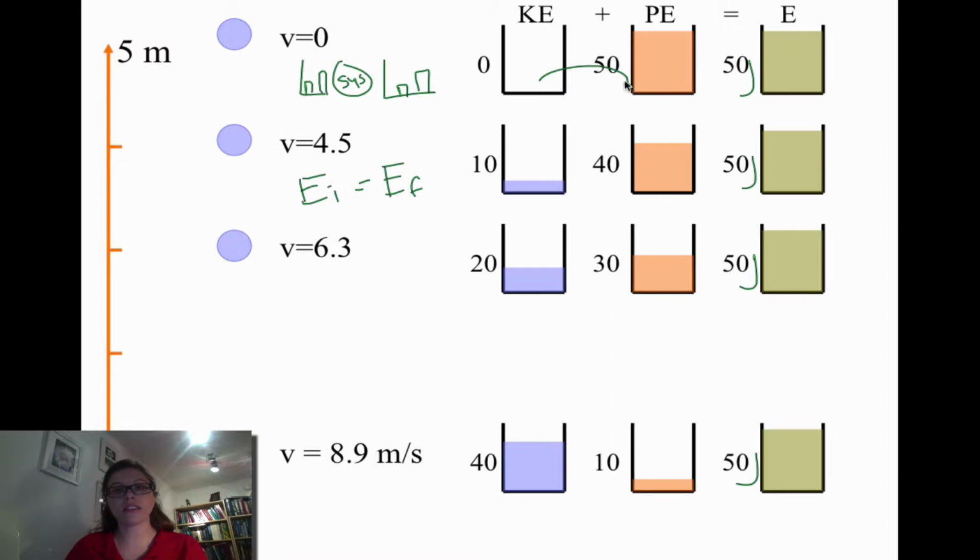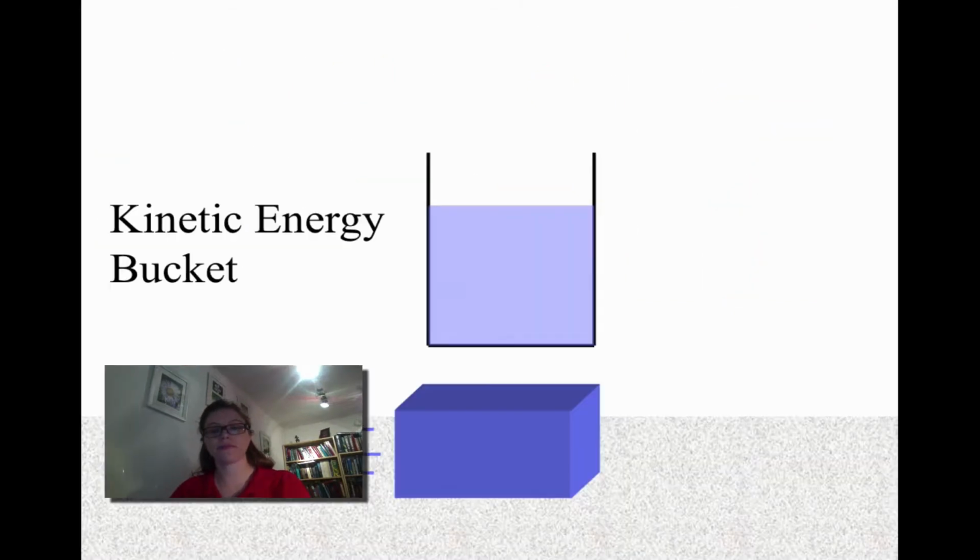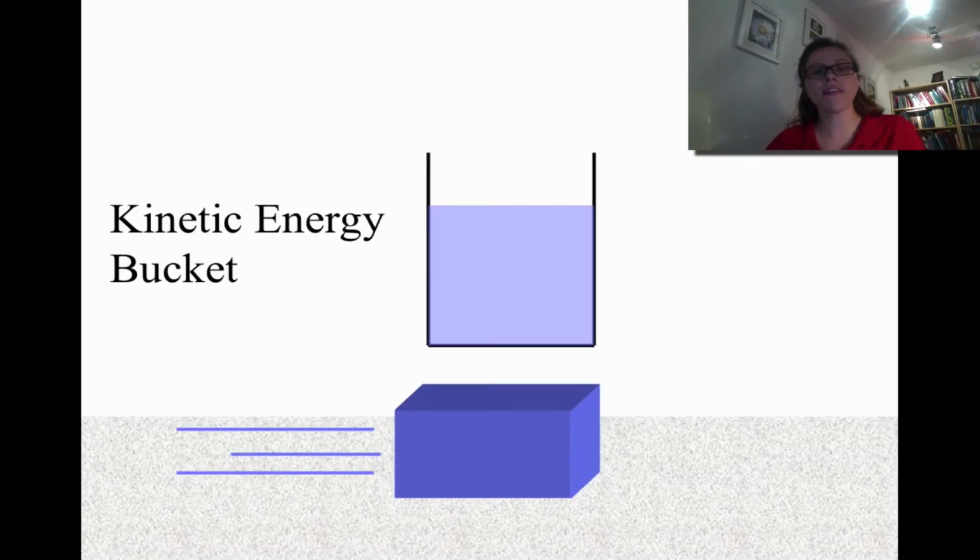The energy could slosh back and forth between the kinetic and the potential energies right here, but our total energy was always constant. So now we're going to look at examples and see how to treat things when the total energy is not constant.